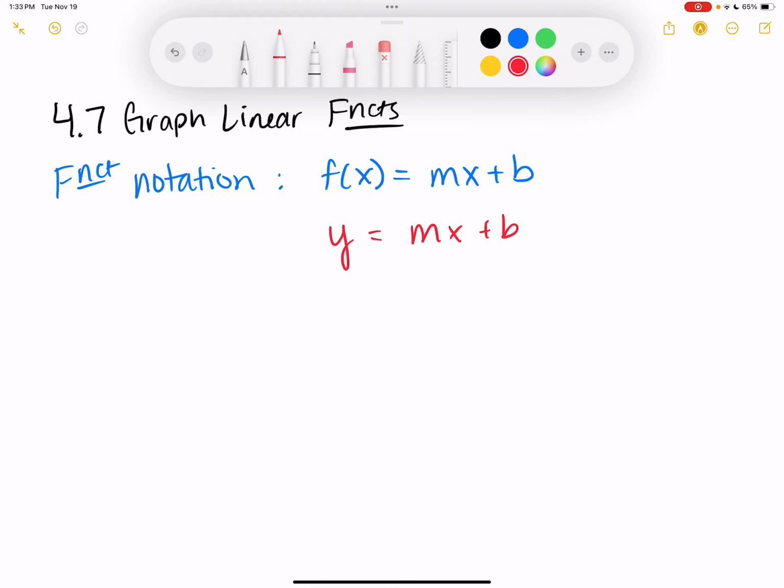So for a line, the most basic linear function in the family of all linear functions, called the parent linear function, is f of x equals x.